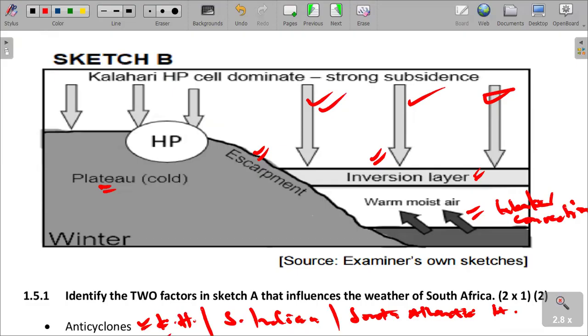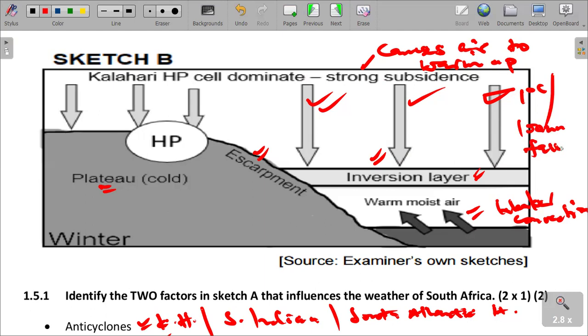It is caused by the descent of the air, the subsidence of the air, which causes the air to warm up, which we are saying is by 1 degree Celsius per every 100 meters fall. Per every 100 meters fall, the temperature warms up by 1 degree. That is what is happening there.